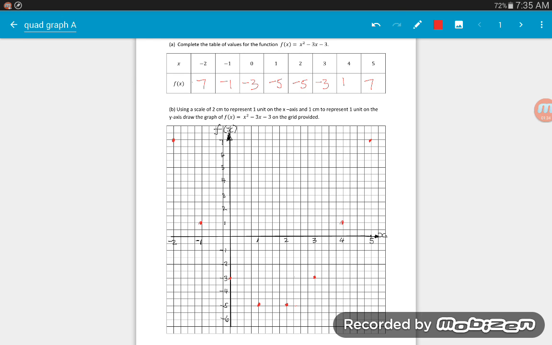Next, we draw a smooth curve through our points. There, and we have our curve, which we call a parabola, which is the graph of f of x equal to x squared minus 3x minus 3.